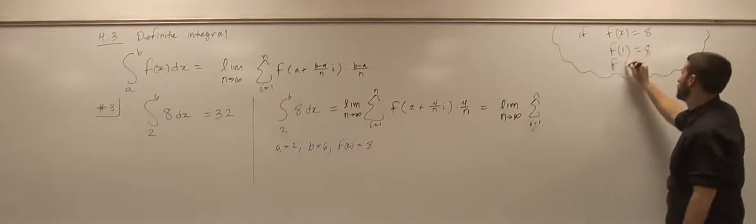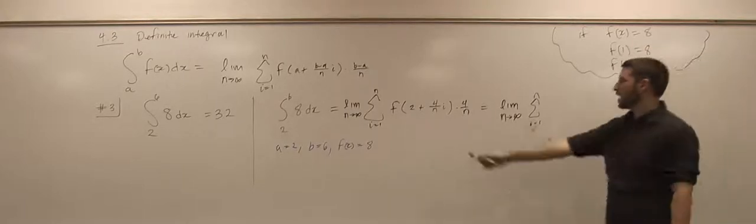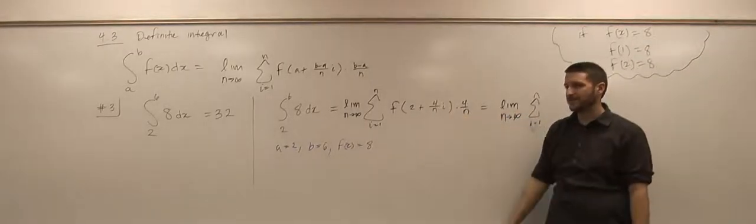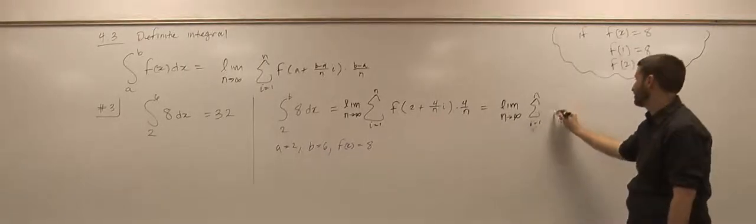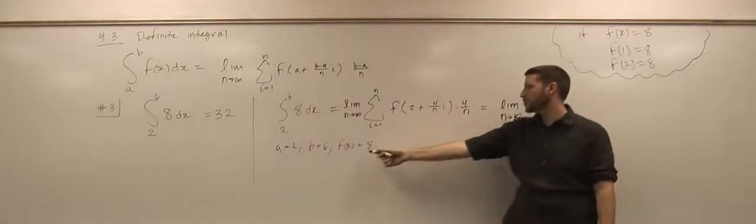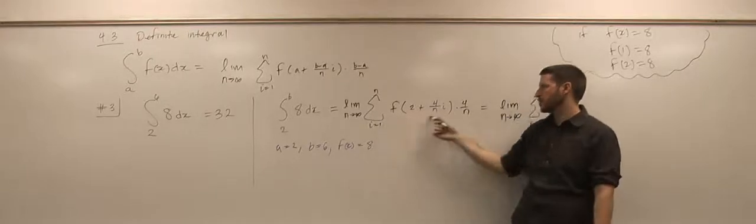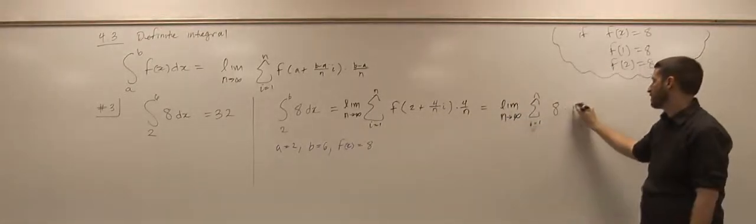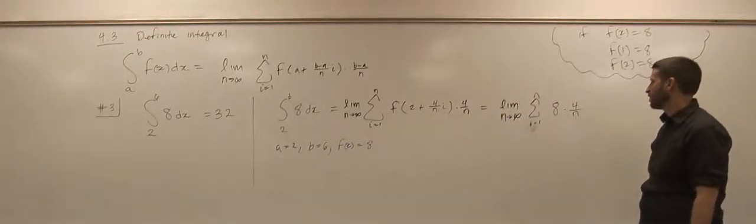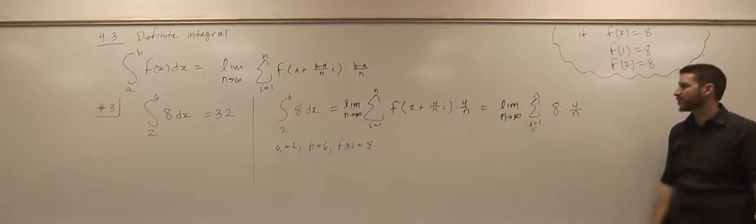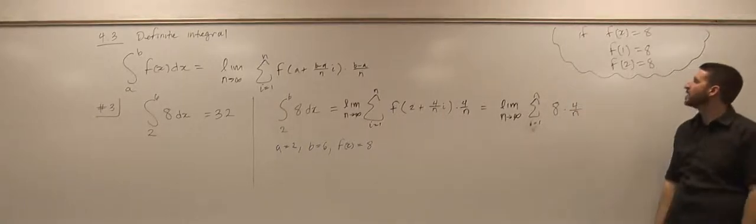What's f of 2? 8. It's always 8. So what's f of 2 plus 4i over n? 8. So this whole thing, because there's no x in the formula, is just 8. The 4 over n, I can't do anything with that. That sticks around.